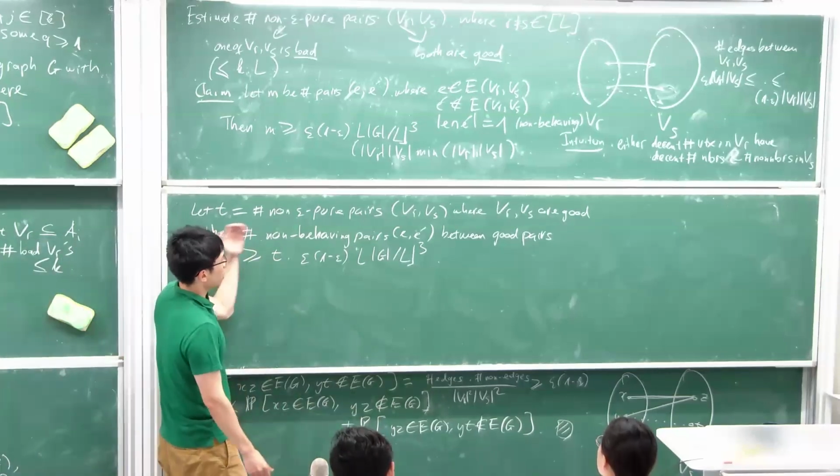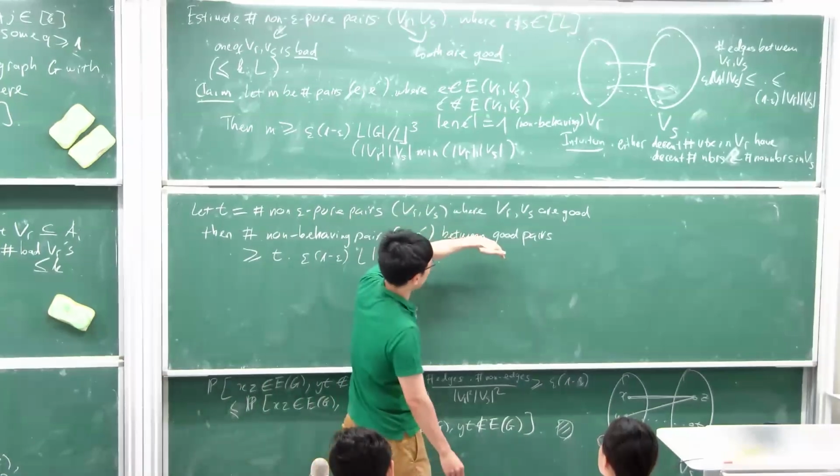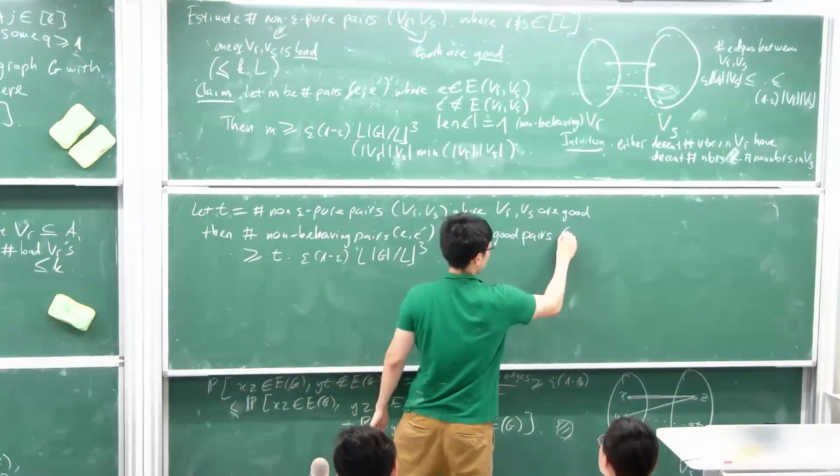So that is the number of non-behaving pairs E, E prime between good pairs VR, VS.